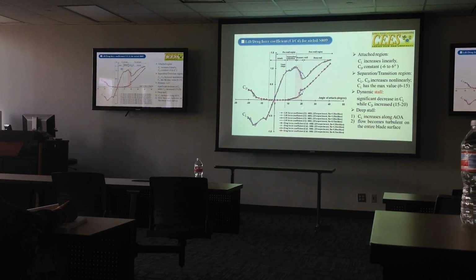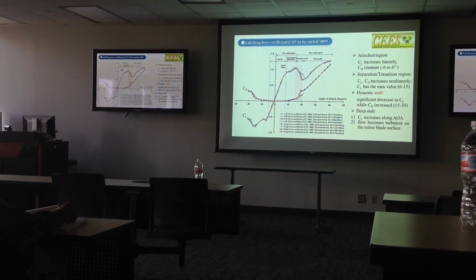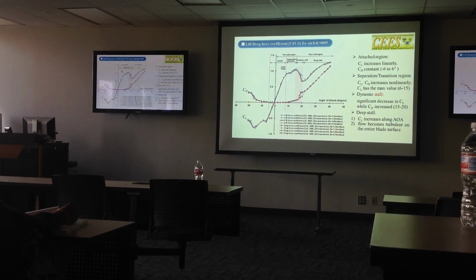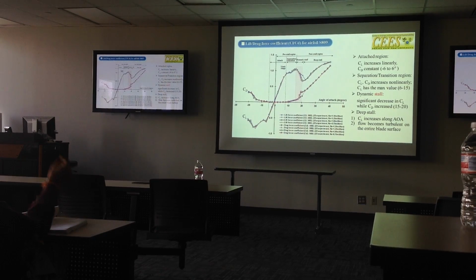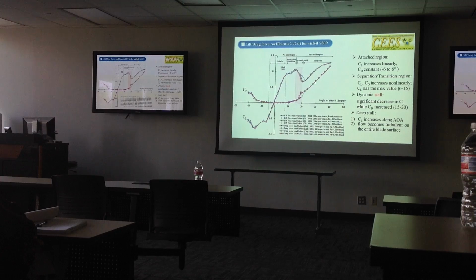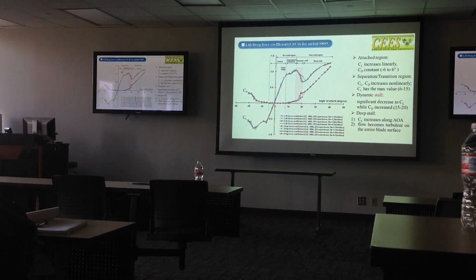Then around 20-degree angle of attack, there is a significant change in the trend of CL and also CD. It indicates the beginning of the deep stall region. In this deep stall region, for the entire airflow, all the flow is detached or separated.